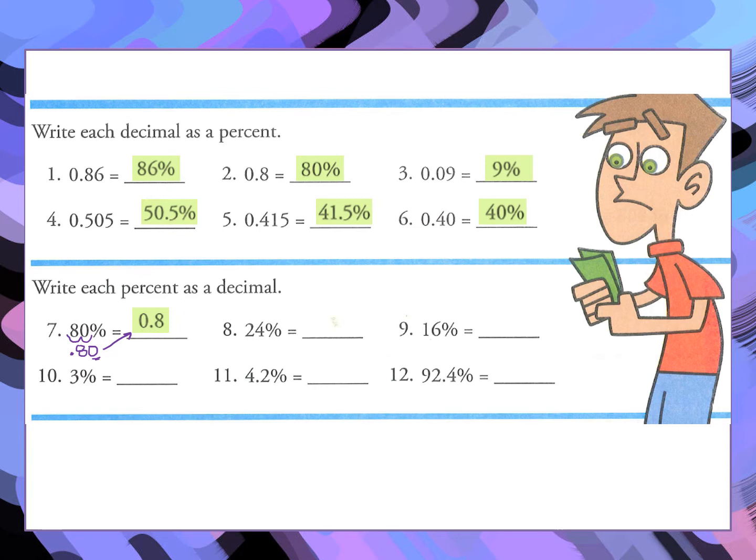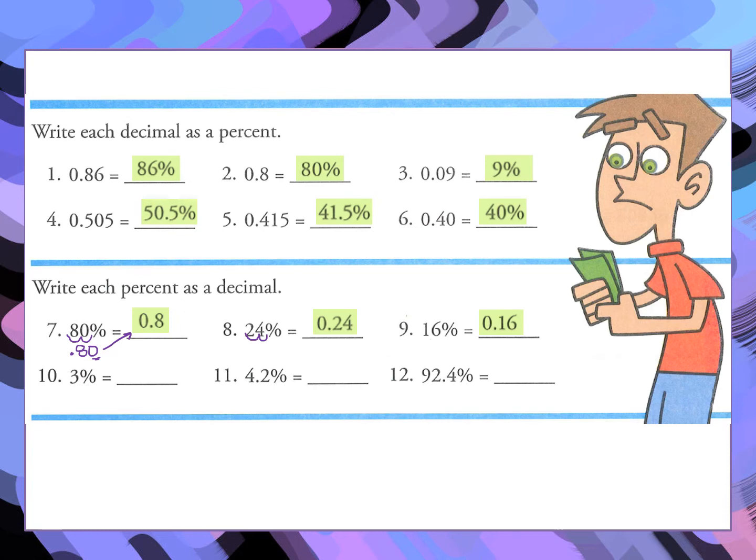For question 8, you should get 24 hundredths. 24% is 24 per 100, or 24 hundredths. Also, you can move the decimal point 2 places to the left. For question number 9, you should have gotten 16 hundredths. 16% is 16 per 100, or 16 hundredths, which is written 0.16.